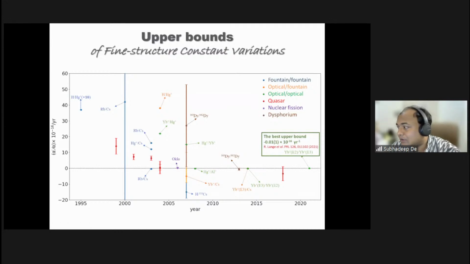That is just in the last year. The best upper bound so far is coming from ytterbium clock transition spectroscopy.